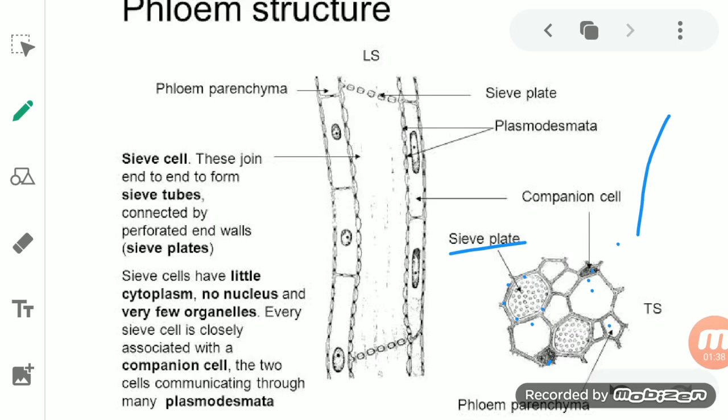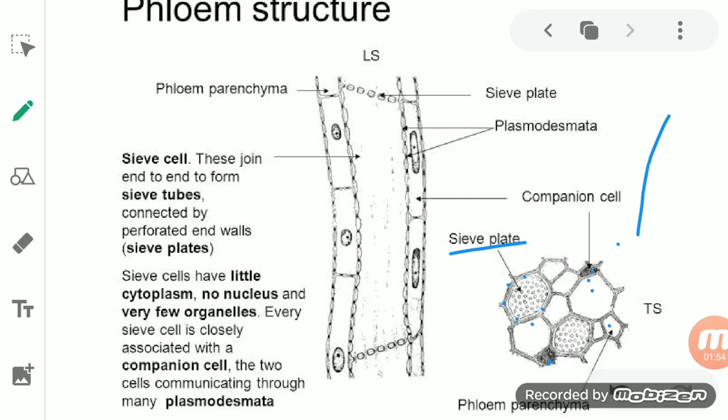Now for the gymnosperm, the structure is the same, there is no change, but in place of the sieve tubes, there will be sieve cells present in it. That sieve cell also has the perforated plate.